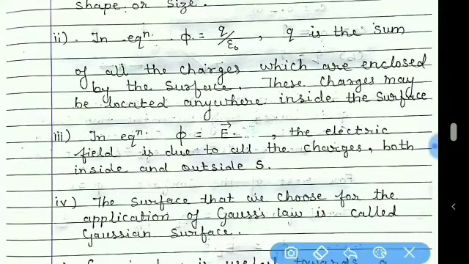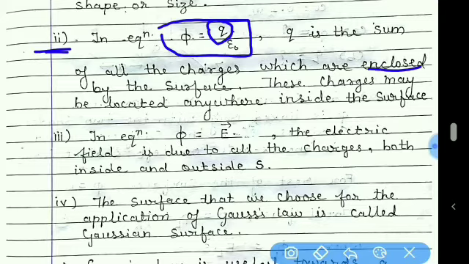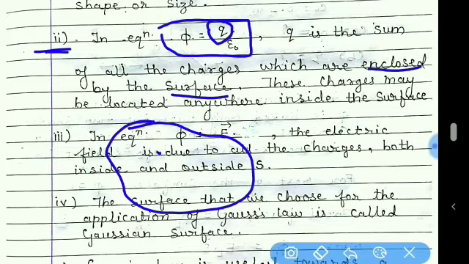Now, the second point says that in this formula phi is equal to Q upon epsilon naught, this Q is the total charge which is enclosed by the surface. Means if we consider this surface, and if there are charge particles q1, q2, and suppose a charge particle q3 is outside.